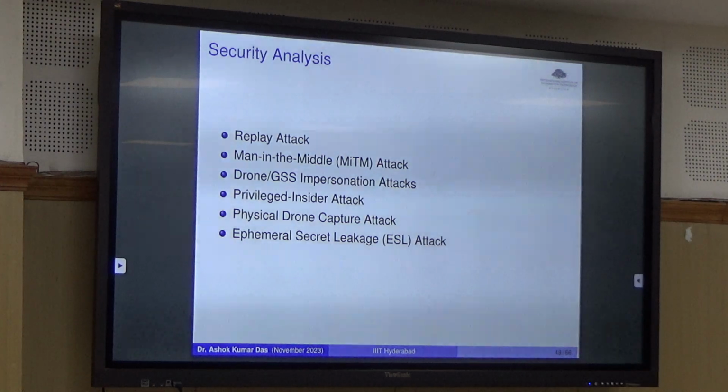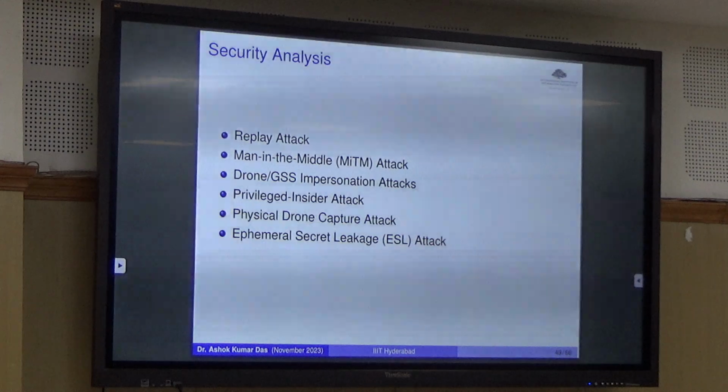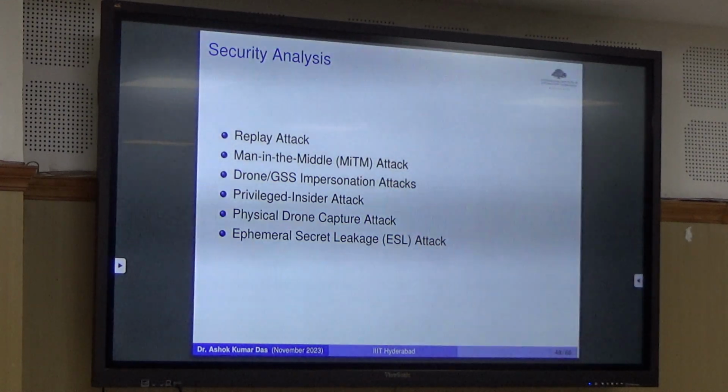And it has been shown that replay attack is protected because we are using timestamps, and man in the middle attack is protected because we have used the certificates as well as signature.